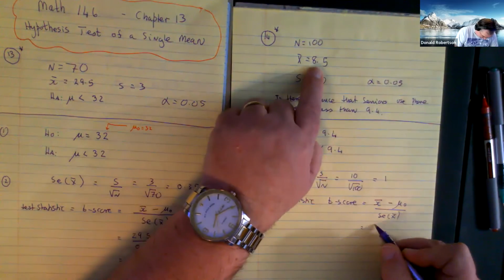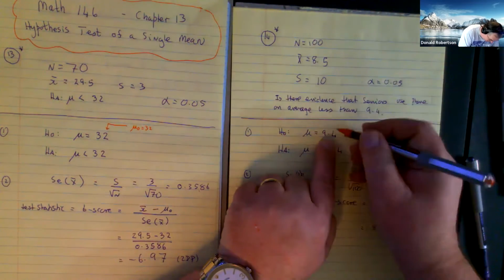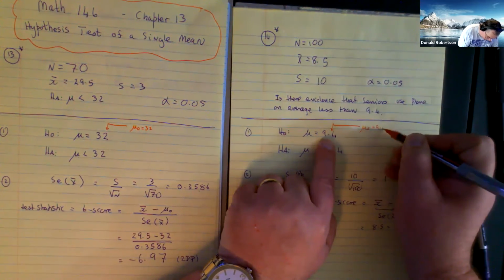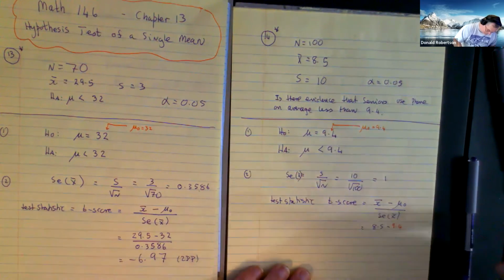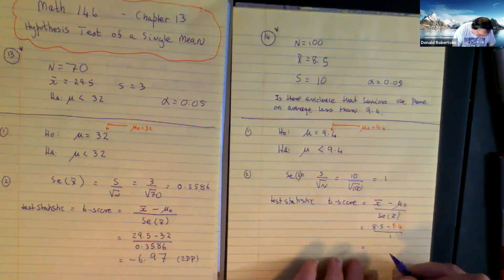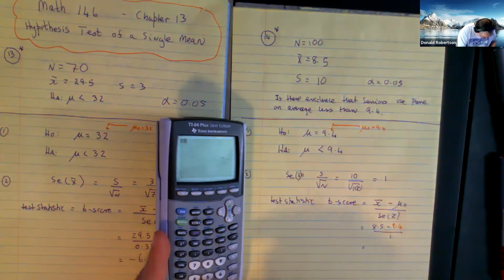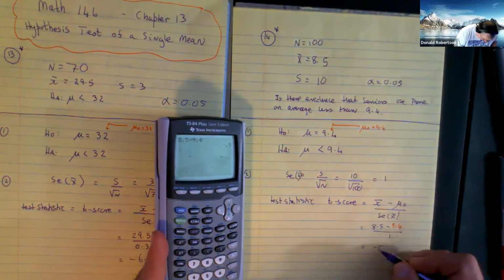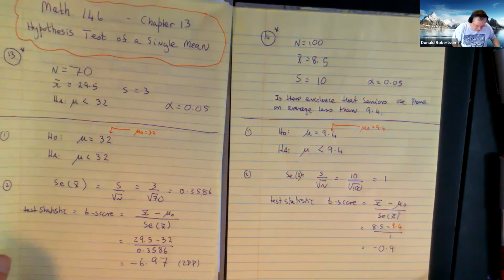It's 8.5 take away mu naught, this number here is mu naught. That's a pretty easy calculation, I believe. It's negative 0.9, but let's be absolutely sure. Negative 0.9. So far, so good.